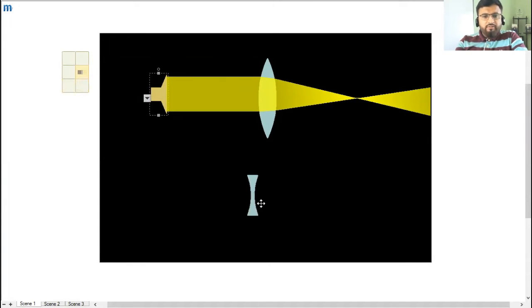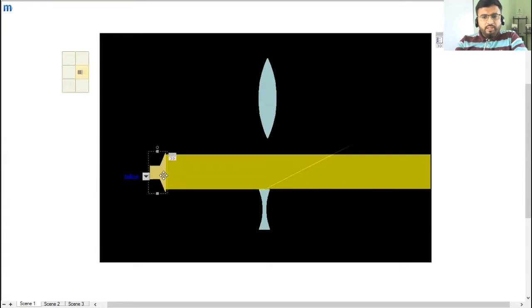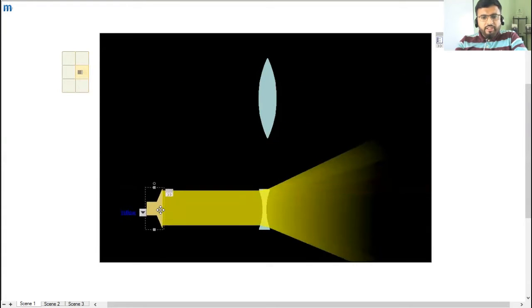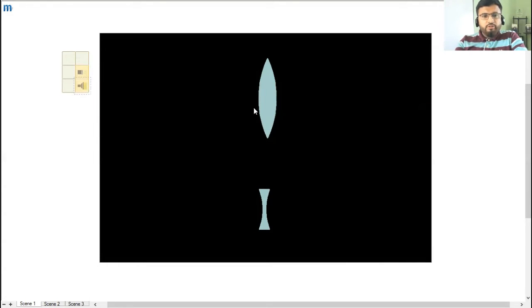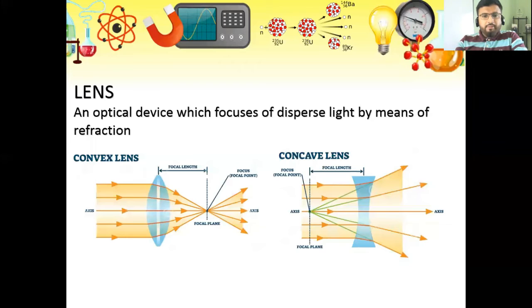However, for a concave lens, if we pass the beam of light through it, it is spreading and diverging. So that is why the convex lens is also known as a converging lens, while the concave lens is known as a diverging lens.